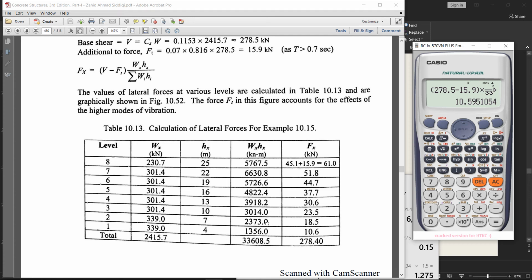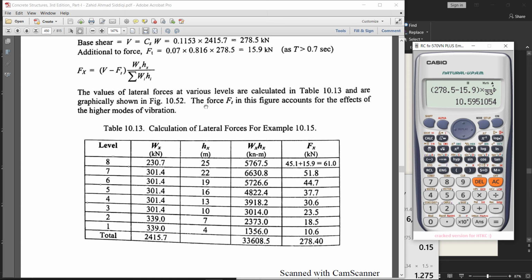Similarly for each floor, V minus Ft into wx hx divided by the total. After doing each floor, in the top floor you need to add the Ft value. Why?